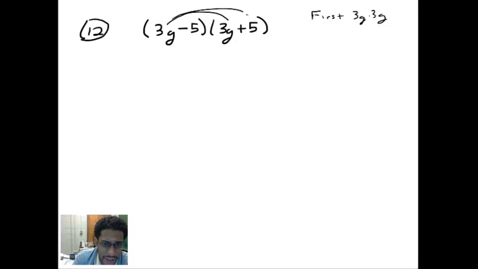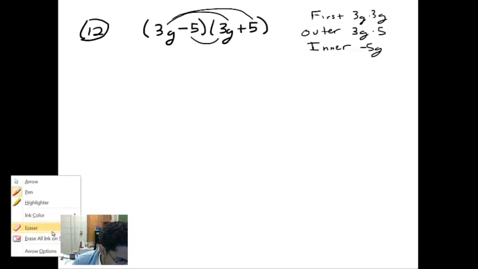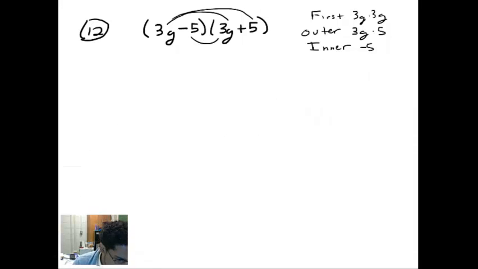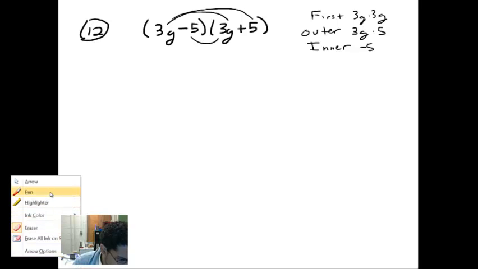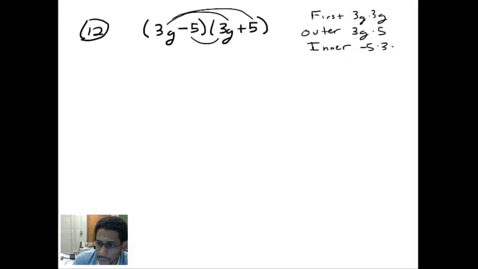We take the outer guys, which is 3g times 5. Then we move to the inner guys. We take a minus 5 times a 3g. And then we take a minus 5 times a 5 for the last terms.